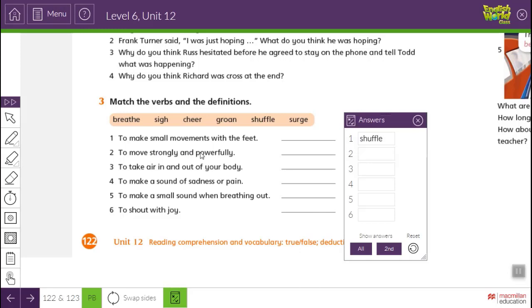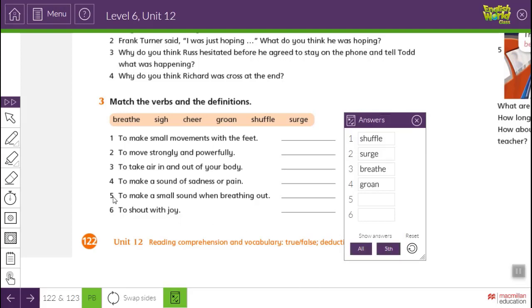To move strongly and powerfully, exactly surge. Number 3. To take air in and out of your body, yes, breathe. Number 4. To make a sound of sadness or pain, yes, groan.